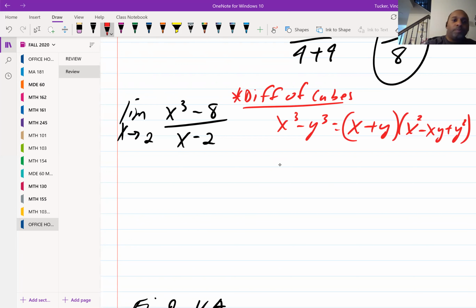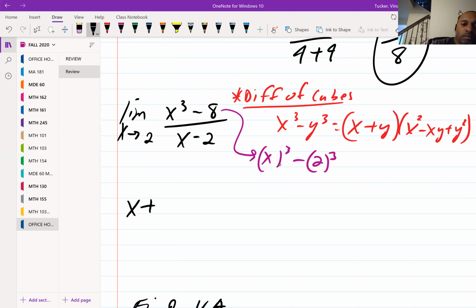That's the formula. And if we look at what we have here, we have x cubed minus 2 cubed, so we plug in x for x and 2 for y. So it'll be x plus 2, x squared minus x times 2, which is 2x, plus 2 squared, which is 4.